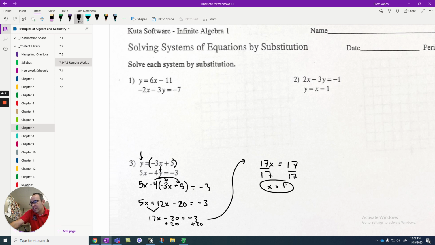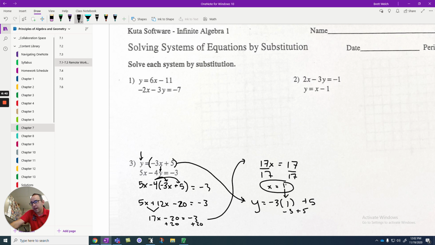But that still doesn't give me the y. I need both x and y. Well, the good news is that if we take our original substitution, it tells us that y is the same as negative 3 times x, which we now know is 1, plus 5. Well, negative 3 times 1 is negative 3.